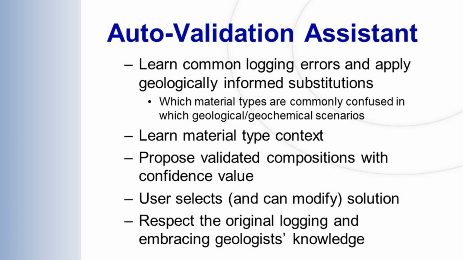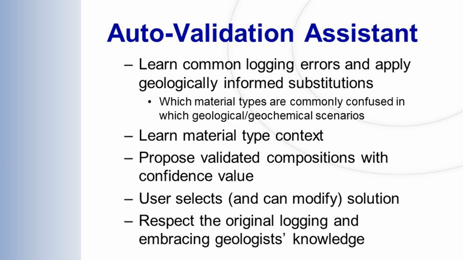We learnt the different contexts in which material types were used, and then we put all this training data into the auto-validation assistant, which processes these training rules and produces a number of validated compositions. And these are all presented to the user at the end. They're presented with the composition of material types and a confidence value for each composition as well.